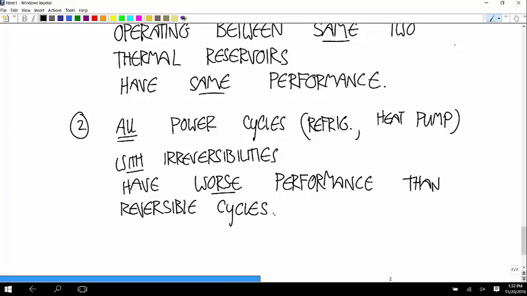That makes sense, right? The second one makes sense. If there were different reversible cycles with different performances, you could believe that with a tiny amount of friction, a better designed reversible cycle could outperform a worse designed one. But since we now know they're all the same, sure, that's obvious.